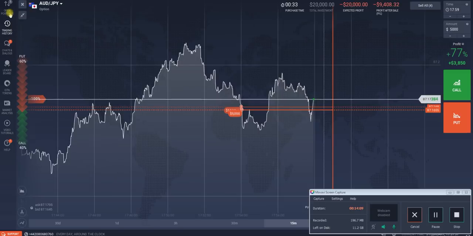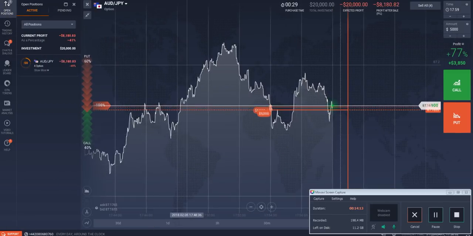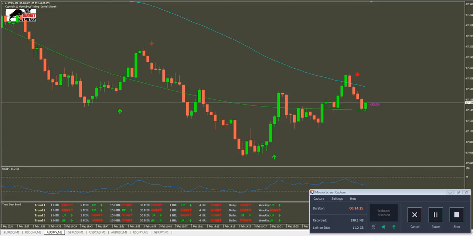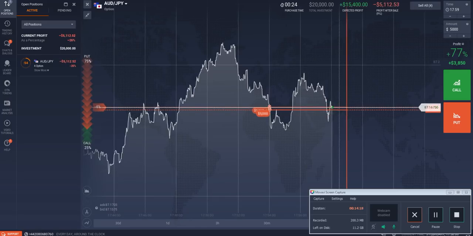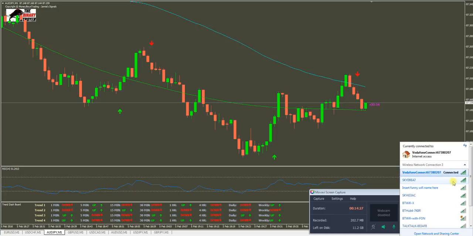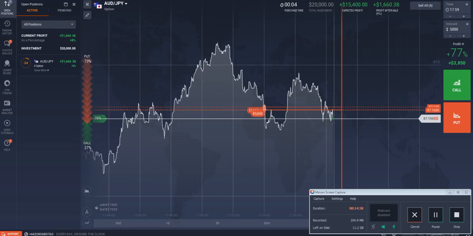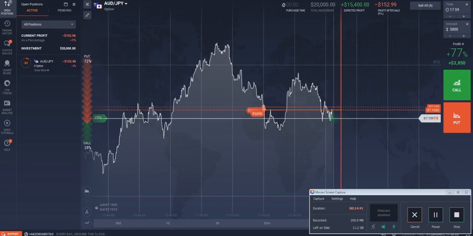Okay, open position, 1 minute to go and we're dropping. Why is my MT4 frozen? Okay, it's going to be a winner.